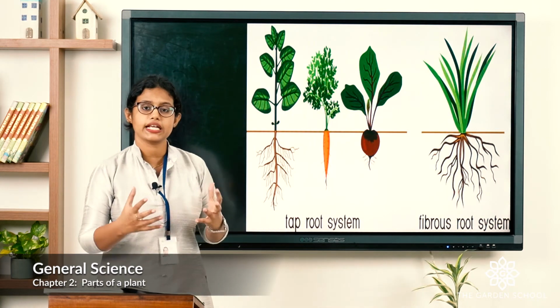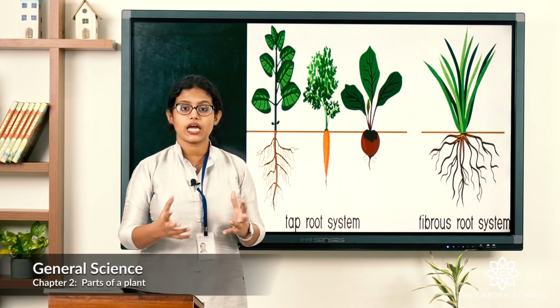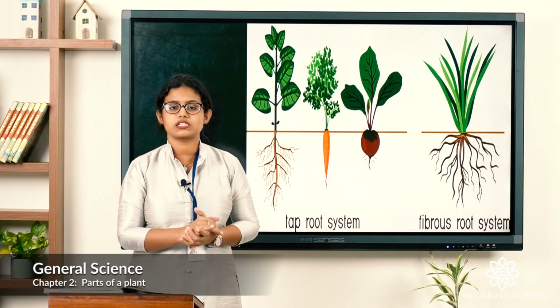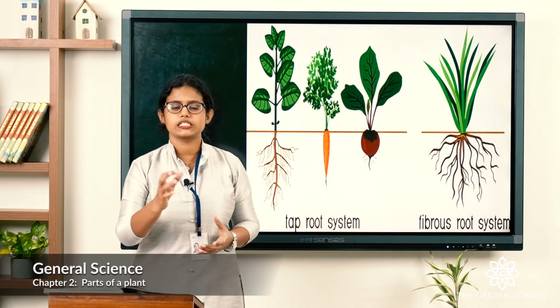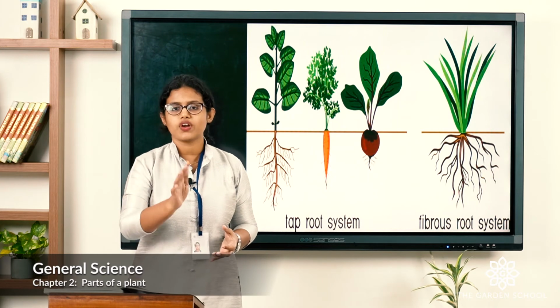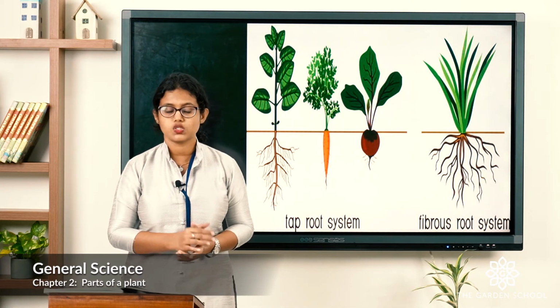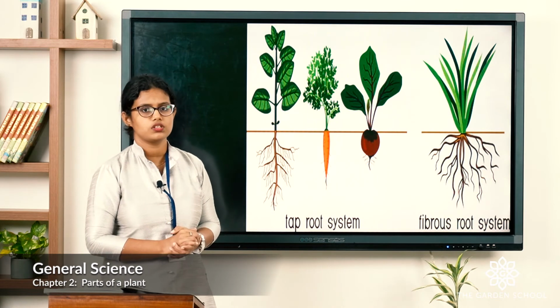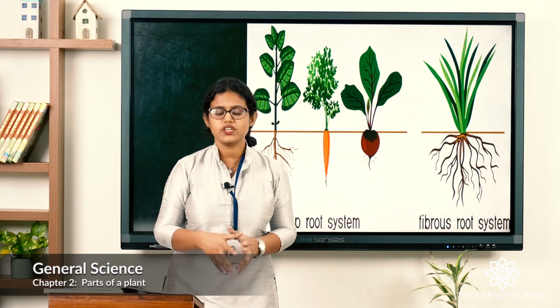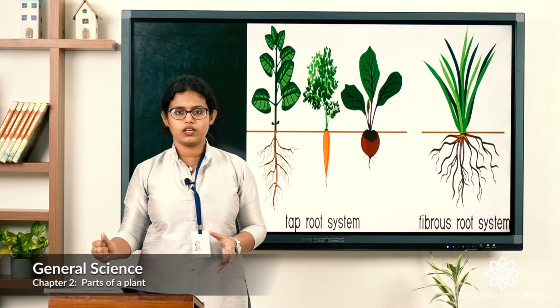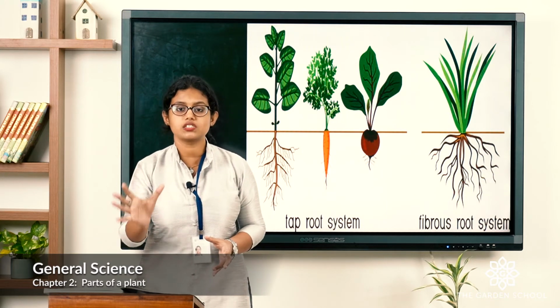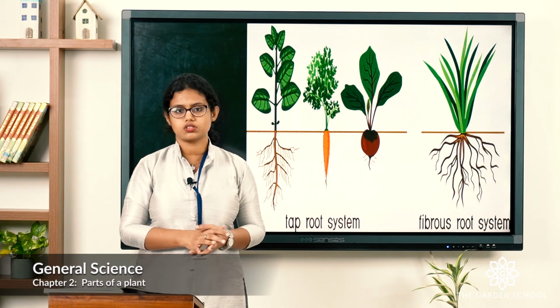Do you know any example of plants which have taproot? One such example is the mango tree. It has a main root from where small, fine roots are growing. So the mango plant has taproot. What about fibrous root? If you pluck a weed from the soil and observe, you can see it has fibrous root.